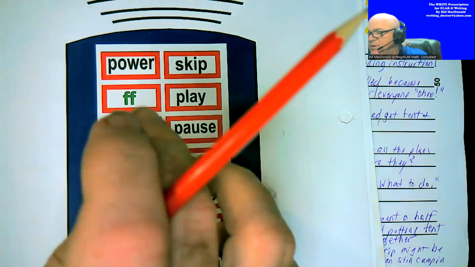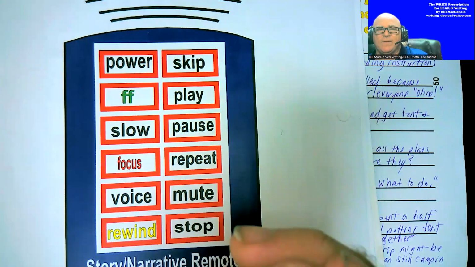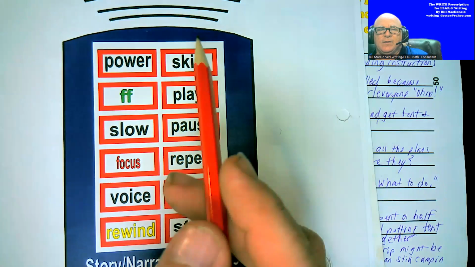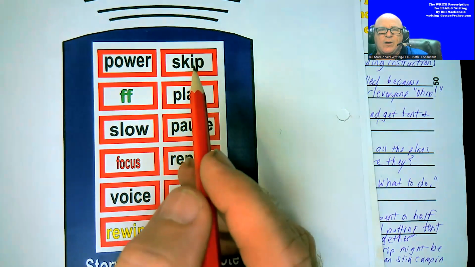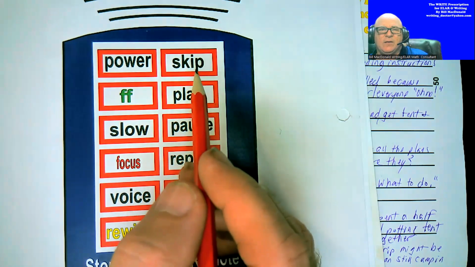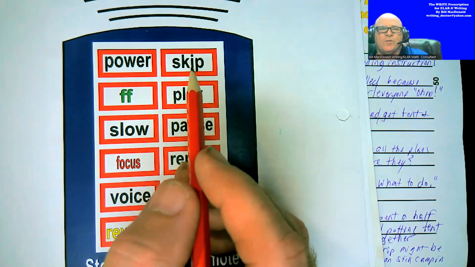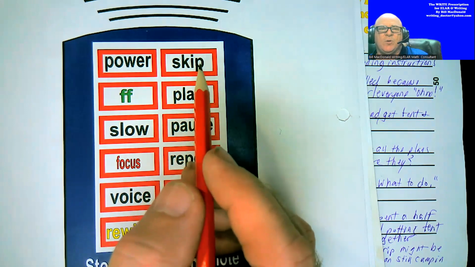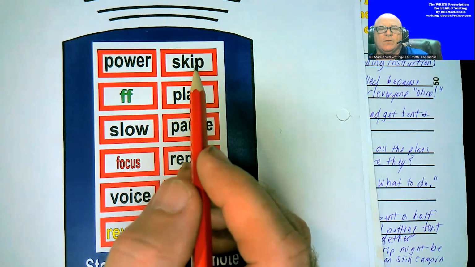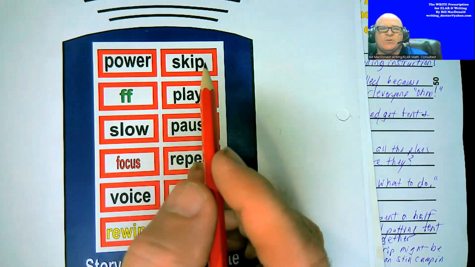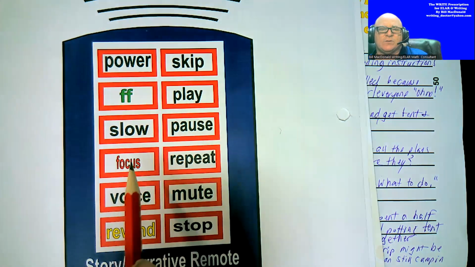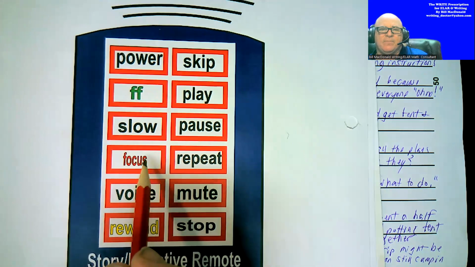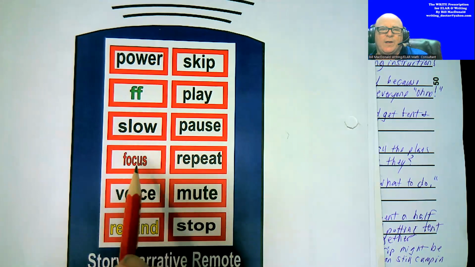So I'm going to turn on the power of my remote, and it's hard to just skip everything because we have to make sure that we're slowing down when we get to the parts that are focused on Kim and the ways that she shows patience.